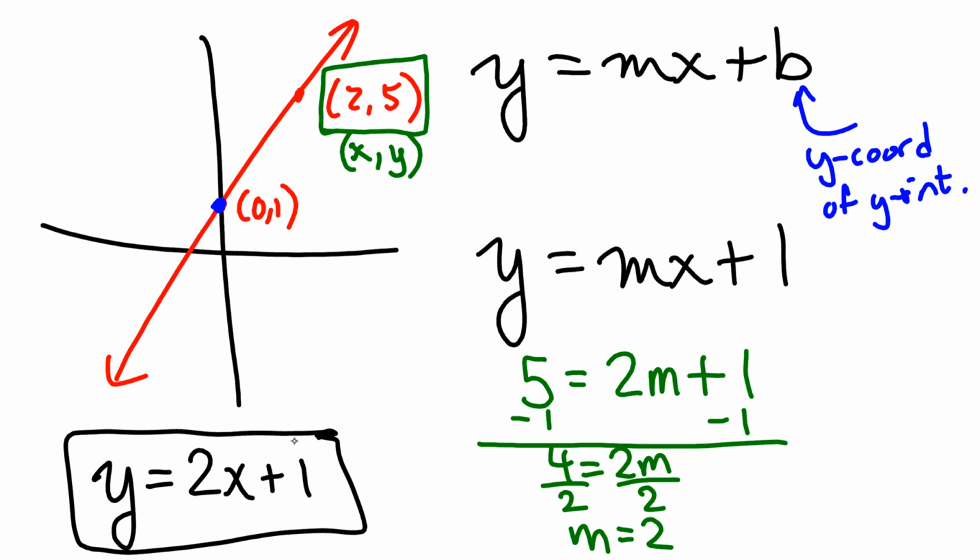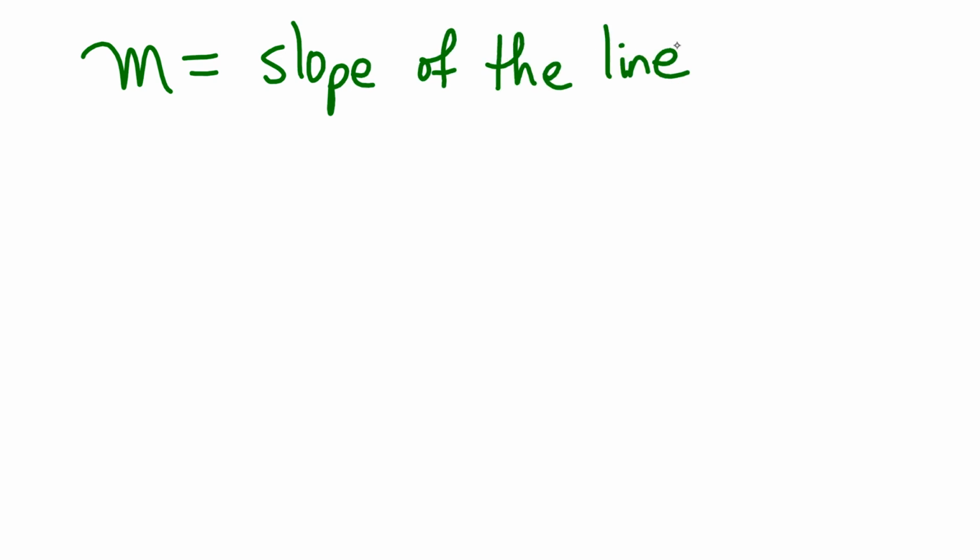Except that some of you are going to ask yourselves, what was that m anyway? What does that stand for? If the b is the y-coordinate of the y-intercept, what's the m? The m is the slope of the line. Well, what's slope?